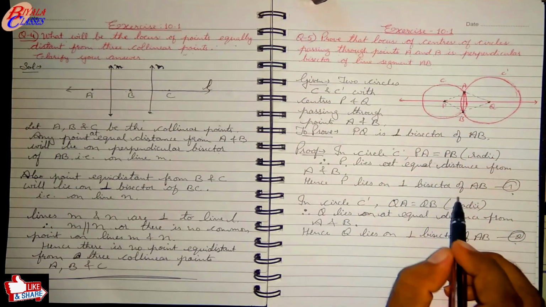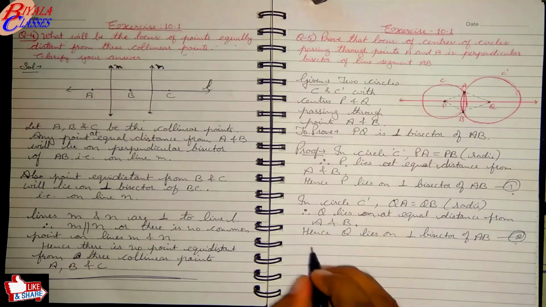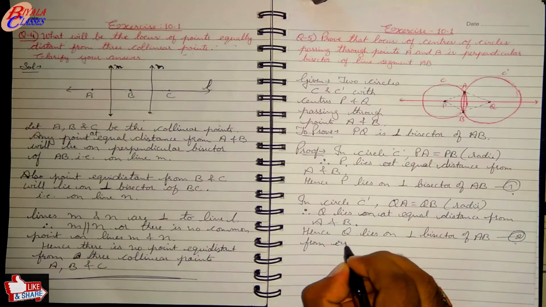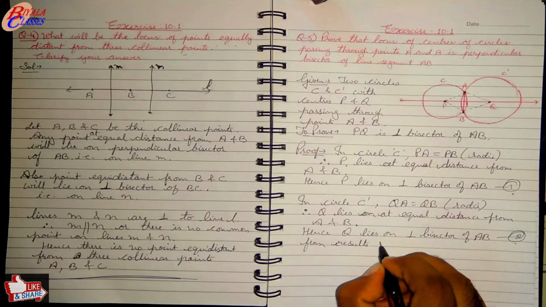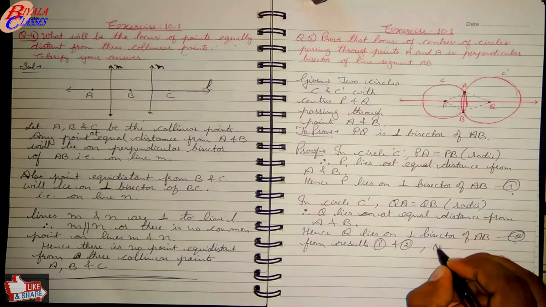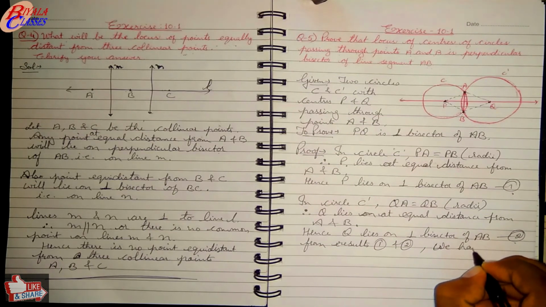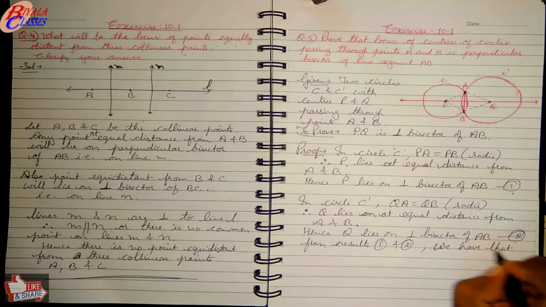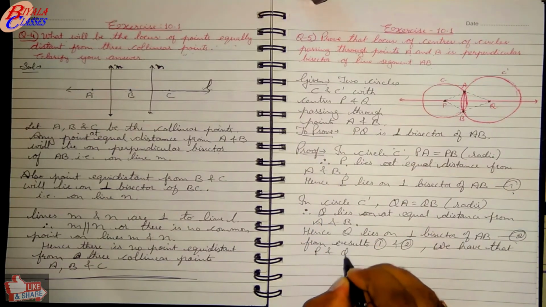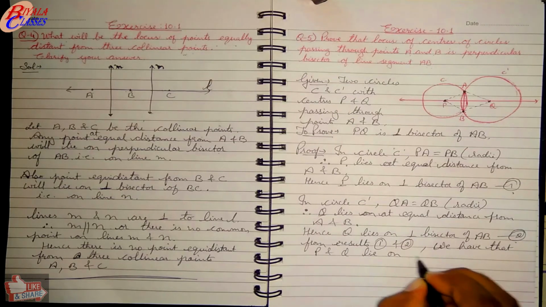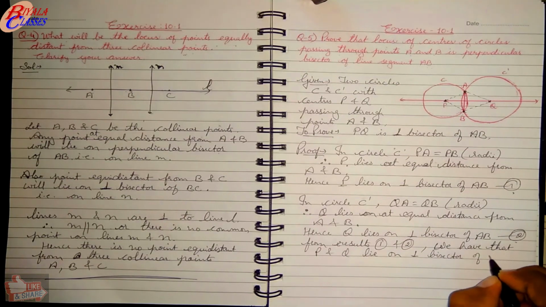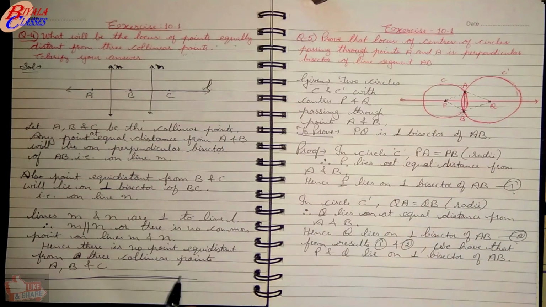Now from these two results, from result 1 and 2, we have that both these points P and Q lie on the perpendicular bisector of AB.